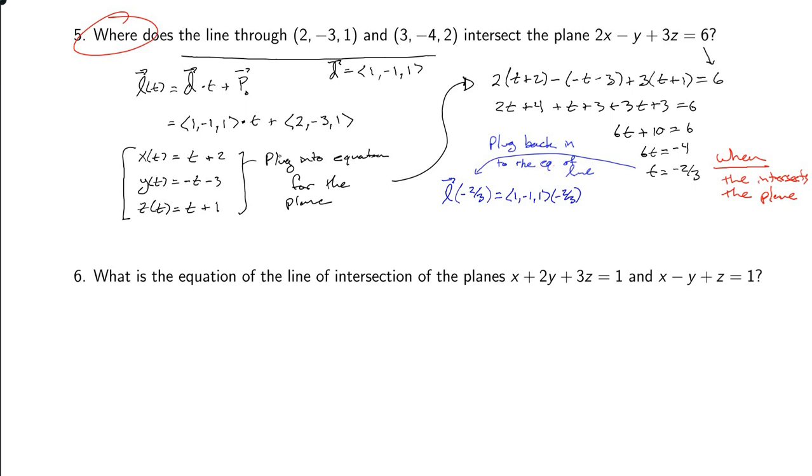So if I then add the 2, negative 3, 1, you will get negative 2/3, positive 2/3, negative 2/3, and let's just get a common denominator here.